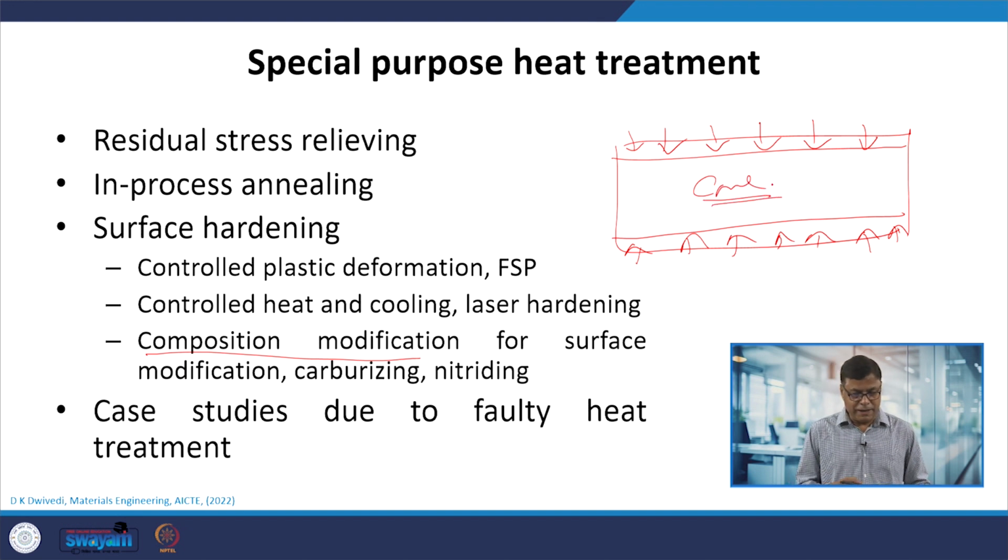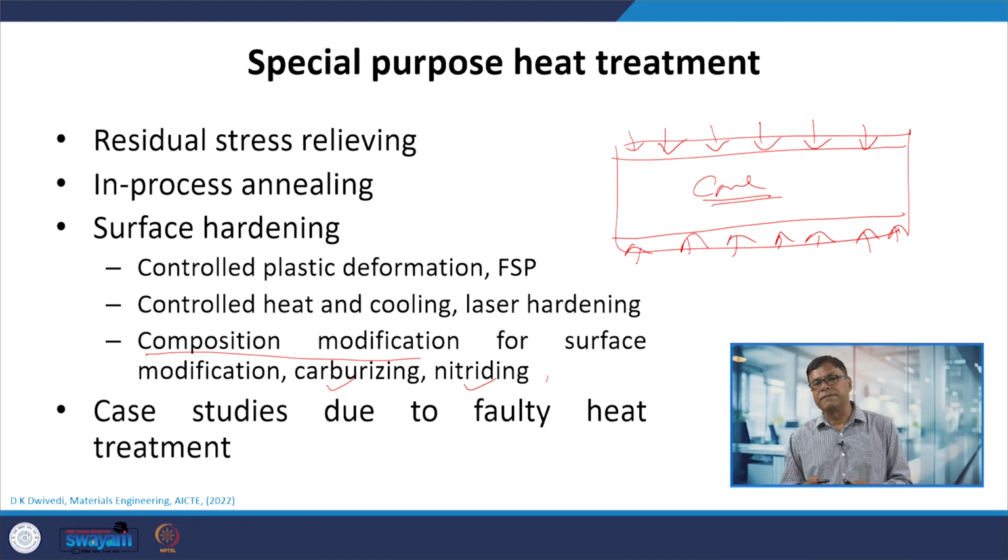That is the approach of compositional modification for controlling the surface properties through carburizing, nitriding, cyaniding, aluminizing, and boronizing. A lot of other approaches are also there, depending upon the element being introduced in the surface.